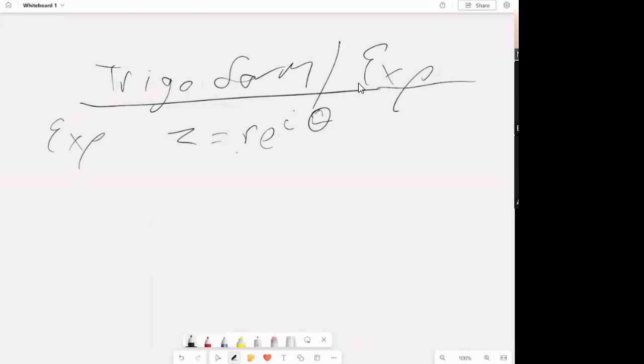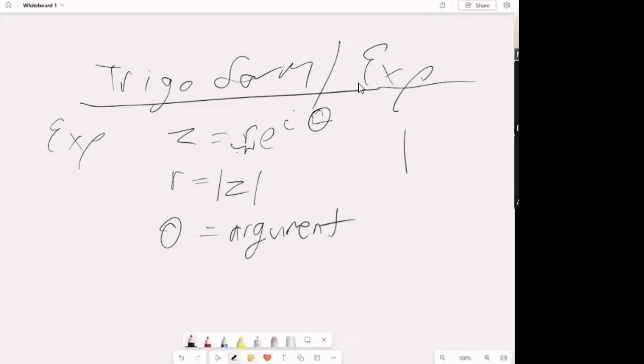So r is the magnitude of the vector z. We can actually think of these as vectors in a way, which might help with some intuition. So r is the magnitude of z, which is the magnitude of the vector z. And then theta is called the argument.